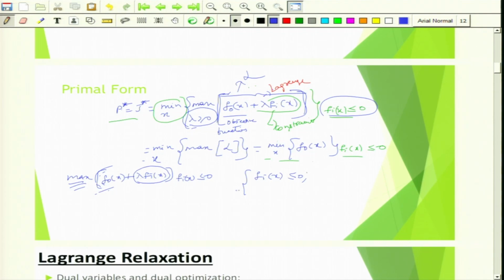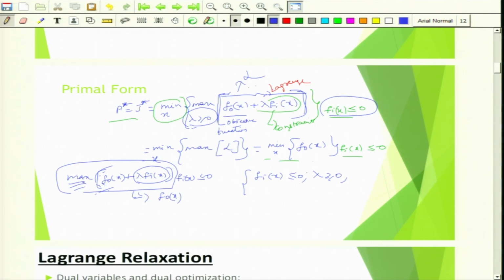So when fi of x is less than or equal to 0 and lambda is greater than or equal to 0, the maximum of this overall function boils down to f naught of x itself, right?